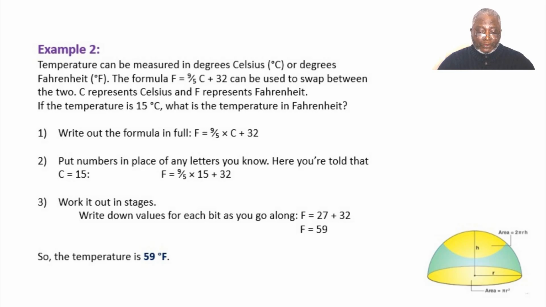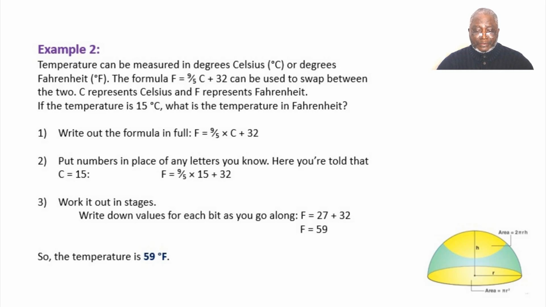Therefore, F is equal to 9 over 5 times 15 plus 32. Work it out in stages. Write down values for each bit as you go along. F is equal to 27 plus 32, and therefore Fahrenheit is equal to 59. Where did we get 27 from?